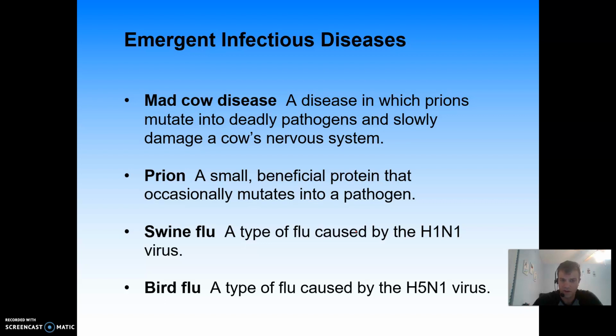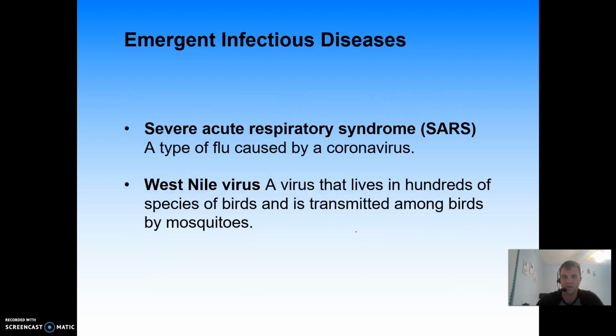Swine flu was back in 2009, and it was an actual type of flu caused by the H1N1 virus. And bird flu was another type of flu caused by the H5N1 virus. Severe acute respiratory syndrome, or SARS, is a type of flu caused by the coronavirus. So SARS is the technical name for that classification.